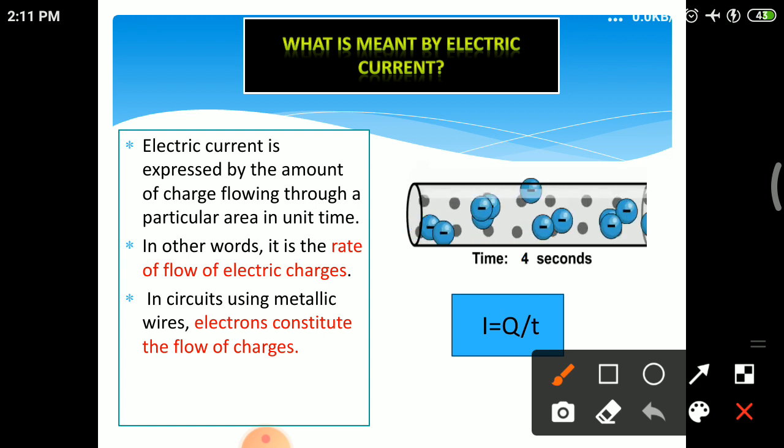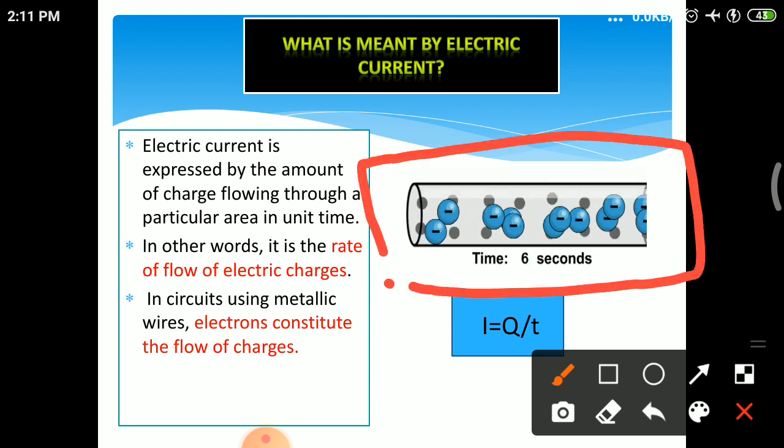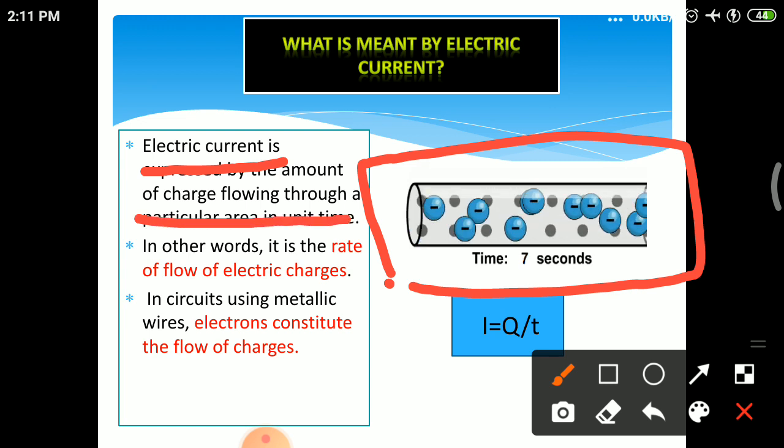Look at this image. This is a conductor. You know that in the last slide I discussed the conductor. The conductor means the electrons move from one atom to another atom easily. And here the minus signs represent the electrons. So what is meant by electric current? The amount of charge flowing through a particular area in unit time.